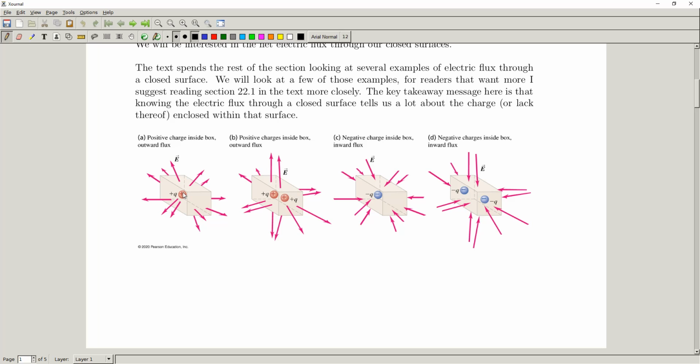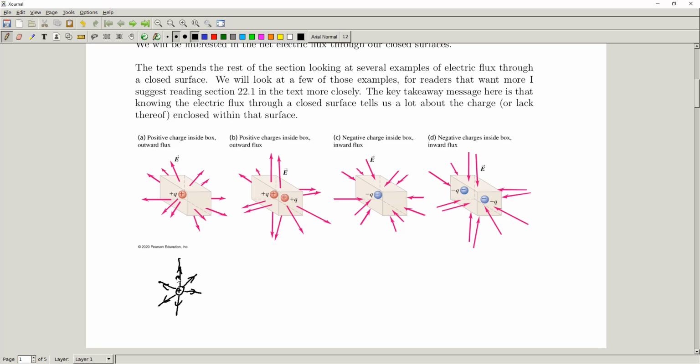So if we think about a single positive charge like we have here in diagram A in this figure, well, let's remember, we know that for a single positive charge, the electric field lines, which we drew in the last section of the previous chapter, will look like this, right? If we draw the electric field lines, they're all pointing away from the positive charge. Anywhere on these electric field lines, we could draw our electric field.